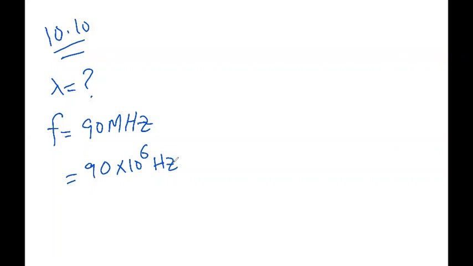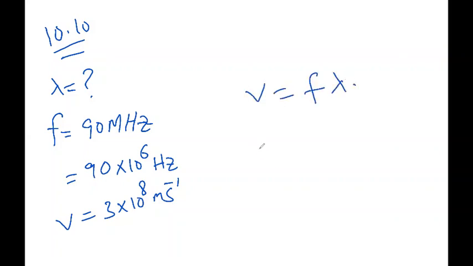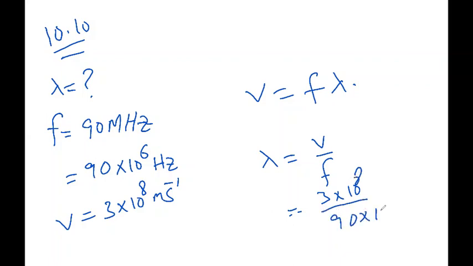Wave speed of radio waves, wave velocity, is 3 cross 10 raised to power 8 meter per second. What is the wavelength? So v is equal to f lambda. Lambda is equal to v divided by f. v is 3 cross 10 raised to power 8 meter per second and frequency is 90 cross 10 raised to power 6. You will get the wavelength.